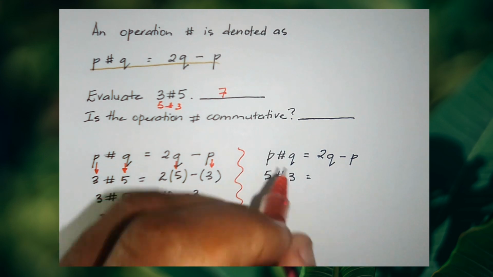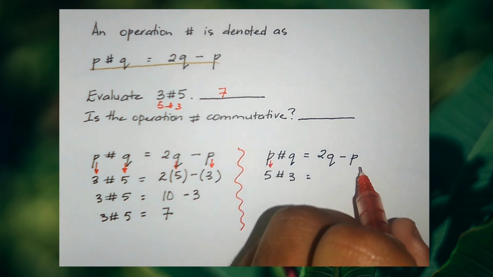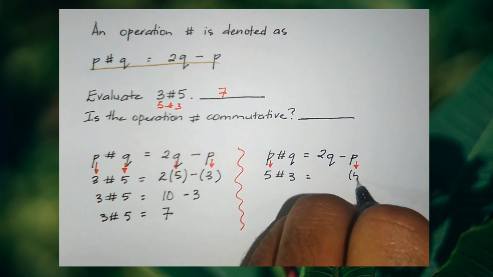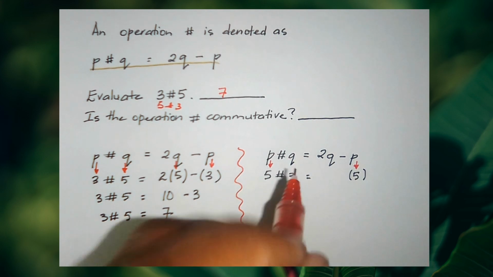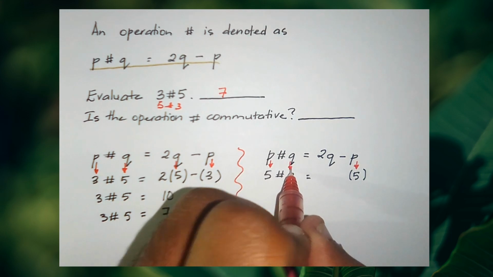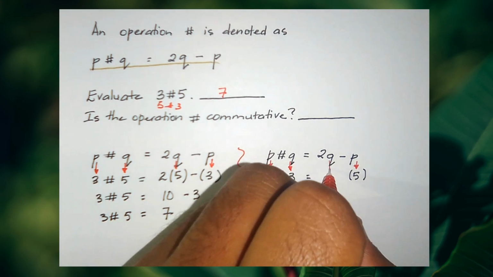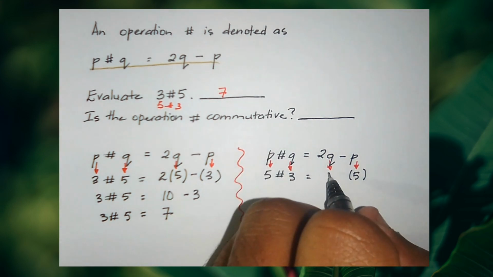We're going to look for P, and we're going to take out P and put in 5. P is here, so that means I'm going to replace P with 5 and put it in brackets. We're looking to see the new value of Q. Q is 3, so I'm going to take out Q and put in 3. Remember, I'm putting it in brackets.